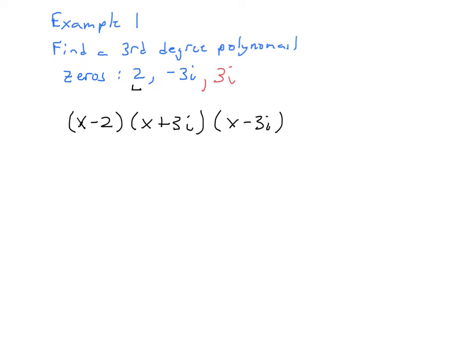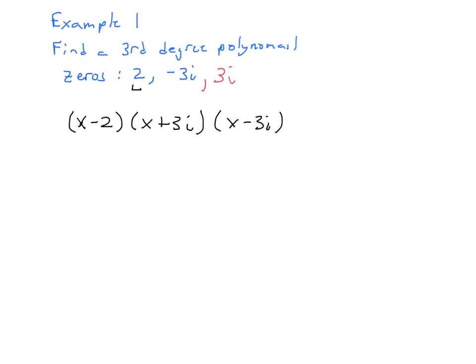Now to actually identify what that polynomial is, if I'm being asked to multiply it all out and get it into the form that we usually see a third degree polynomial in, I have to multiply this out.